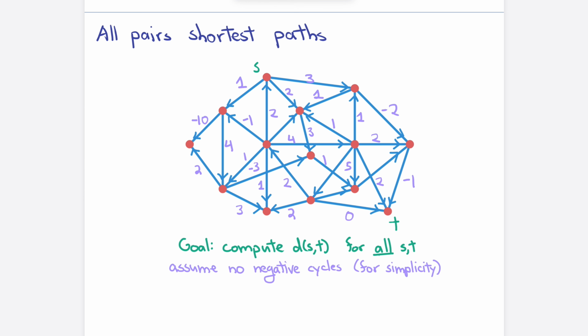Yeah. So you start on one S, like a random S, then you run your algorithm to get the distances to the rest of the vertices, and then you store that.